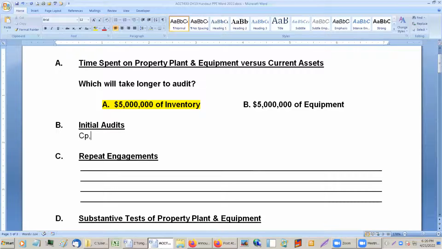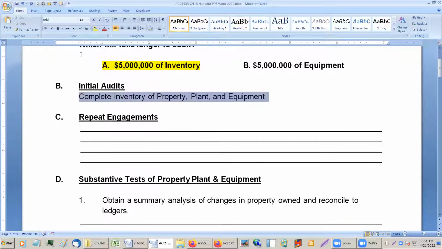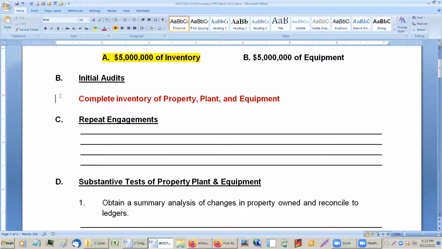They will usually have a complete inventory of property, plant, and equipment. So in the initial audit, you'll go through everything, and that'll be kind of your starting point.